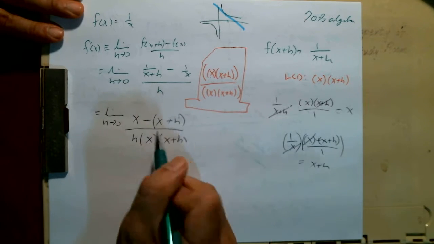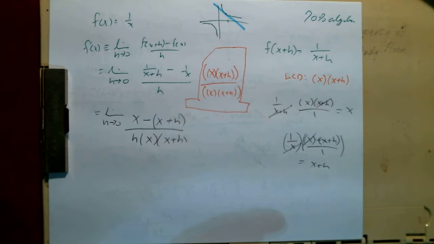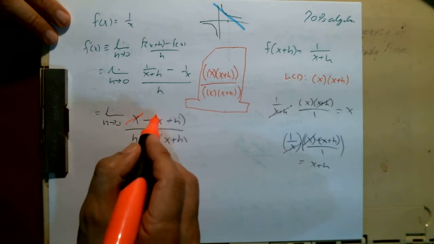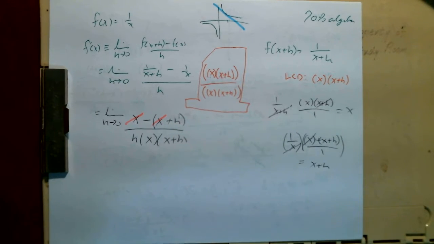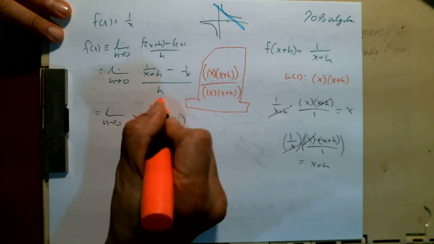Okay. What you'll notice is that minus right there. I'm going to use a pink pen right here. The x's, this x and this x, will cancel. What do you have on the numerator? Minus h. Don't forget the negative right there.